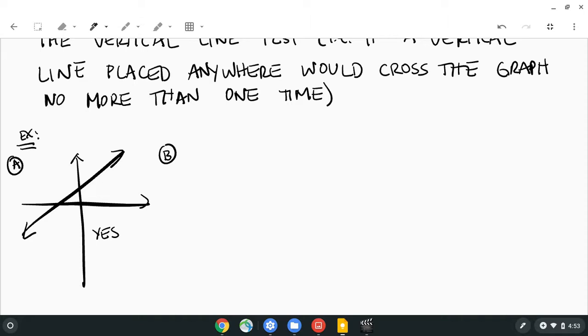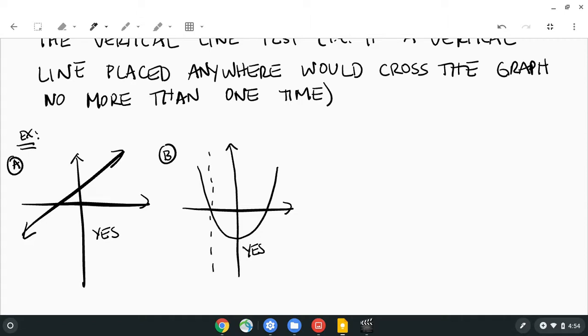If we take a look at this graph, let's draw a parabola. Again, if I draw a vertical line anywhere through this graph, it will only cross this parabola once. So remember, vertical line is like this, vertical.